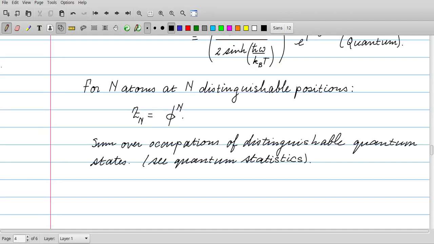As we shall see later, if we want to sum properly over the different quantum states, we can use the framework of second quantization. In that case, what we should consider are distinguishable quantum states, and each site on the surface is identified with a distinguishable quantum state. That's the reason why we don't have a 1 over n factorial here.